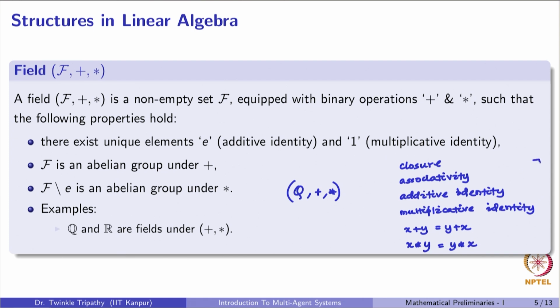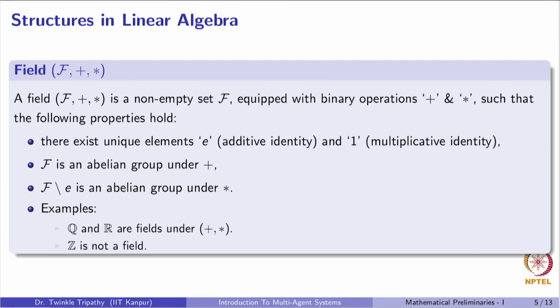So, all that we need to do is check whether a set satisfies these properties or not. If it satisfies all of these properties, then it becomes a field. So, again it can be very easily seen that the set of rational numbers and the set of real numbers actually form fields under the standard operations of addition and multiplication.